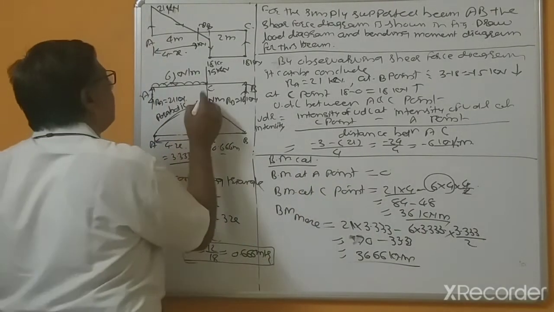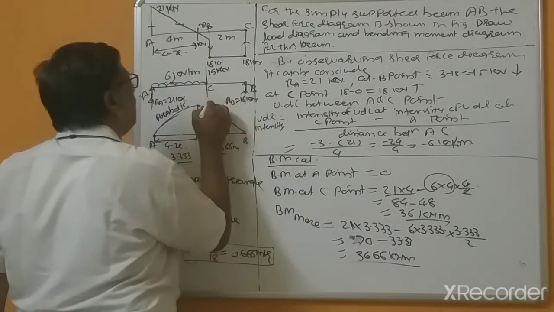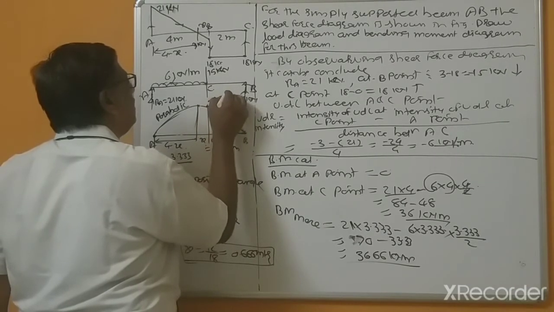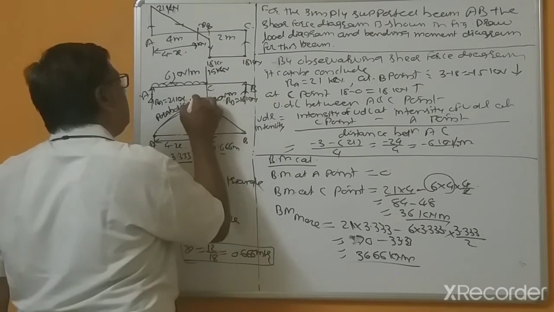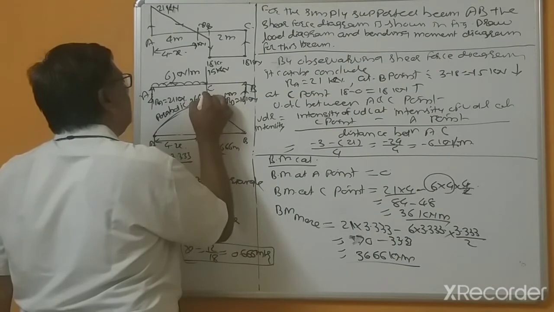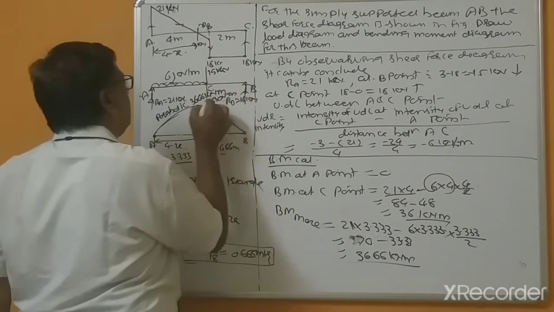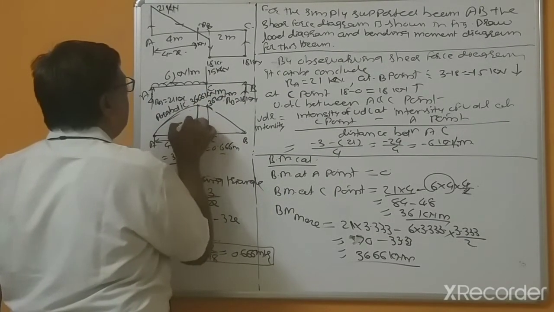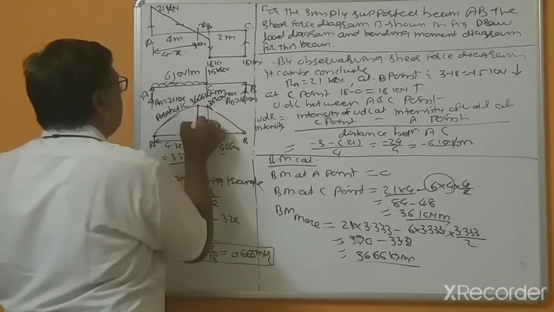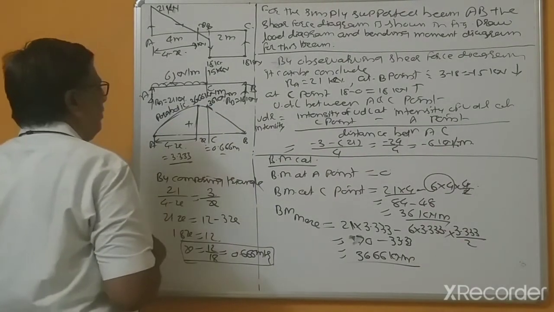This is 36 kilonewton meter and this is 36.66 kilonewton meter. But this is the correct bending moment diagram and this is maximum bending moment.